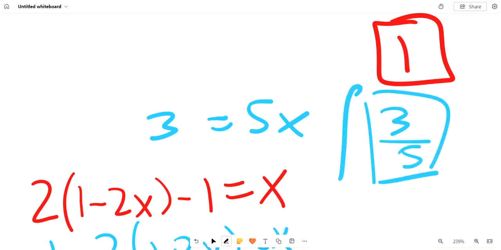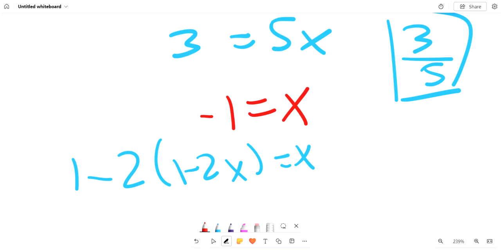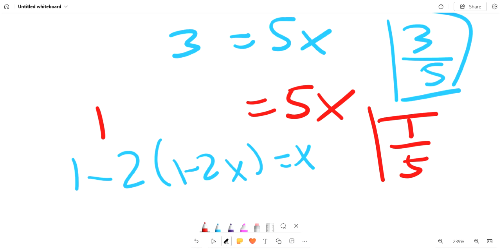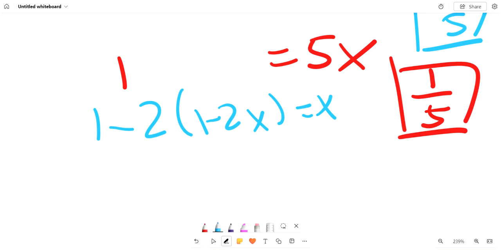So on this equation, we can see that 1 minus 2x times 2 is just 2 minus 4x. And then combining these, we get 1 minus 4x equals 1. So combining these, we get 5x. And so we get 1 over 5. And finally, for this one, we have 2 times 1 minus 2x, which is just 2 minus 4x.